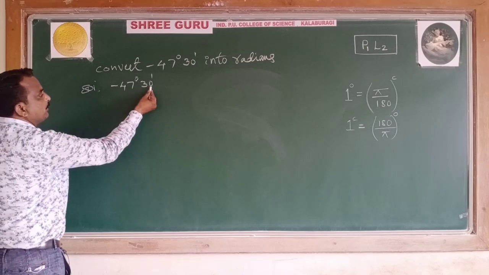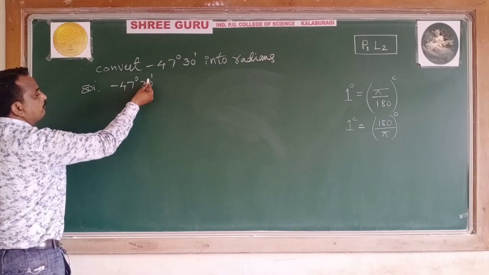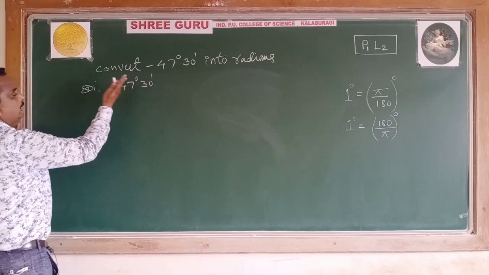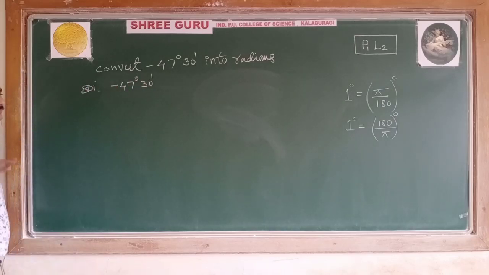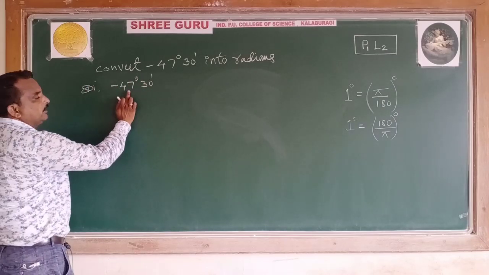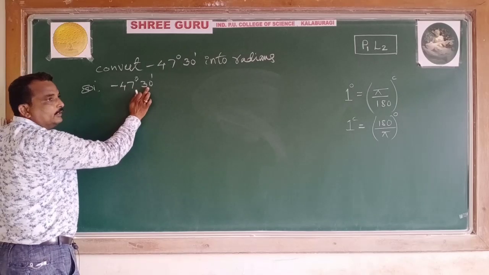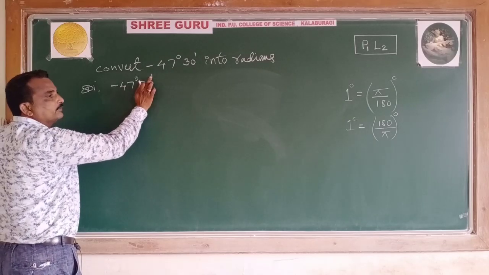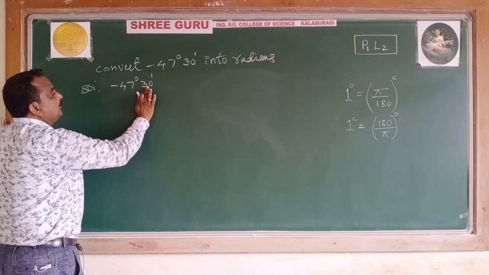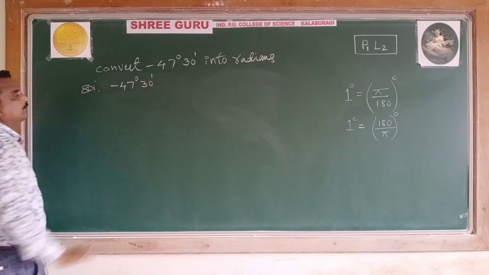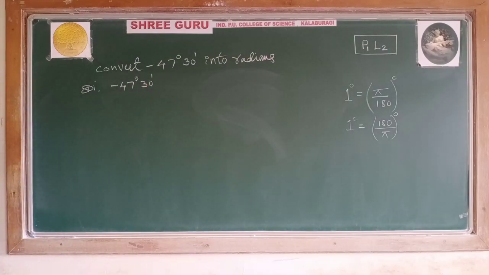As discussed in the previous example, if it is a fraction angle, you should first convert it into a whole angle in terms of a degree, since minutes and seconds are fractions, and then convert in terms of radians.